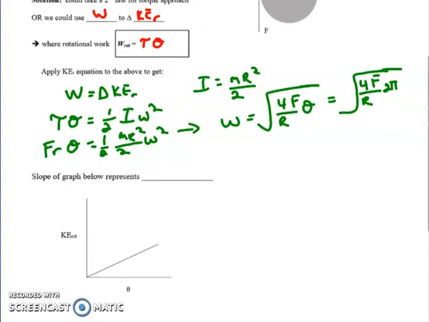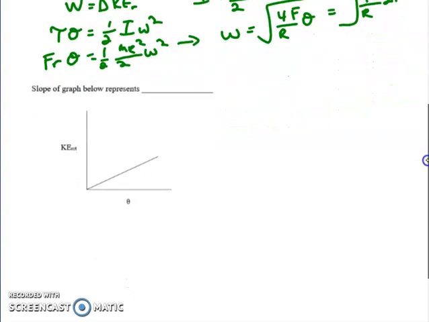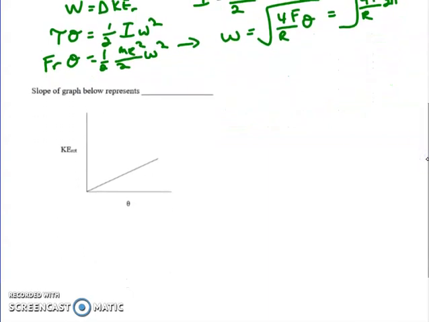All right, lastly, I have a generic graph below of rotational kinetic energy as a function of angle. I want to know what the slope of the graph represents. So we can work that out. At first blush, it looks like just KE over theta, which we probably don't recognize.